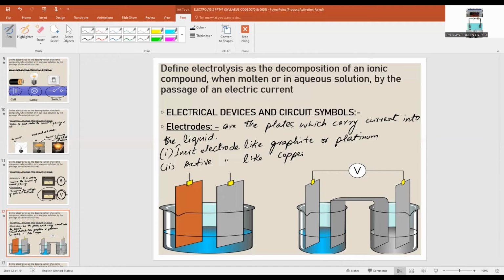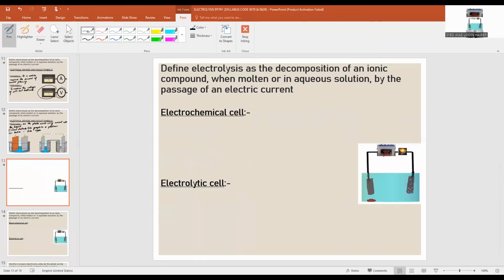Inert electrodes only provide free electrons, while active electrodes participate chemically during electrolysis. Metals below in the activity or reactivity series, like copper and gold, are included in active electrodes.